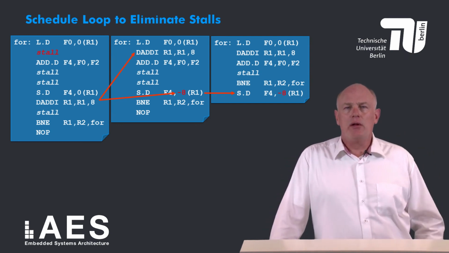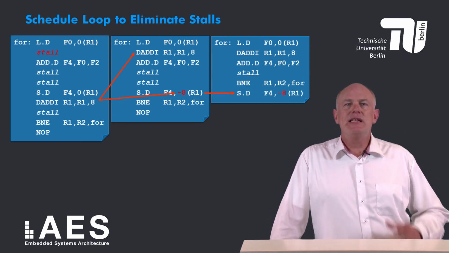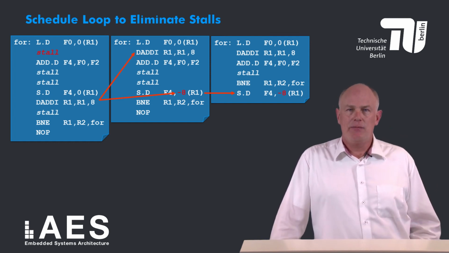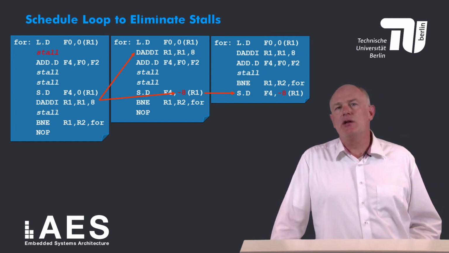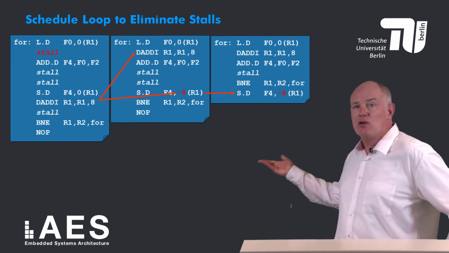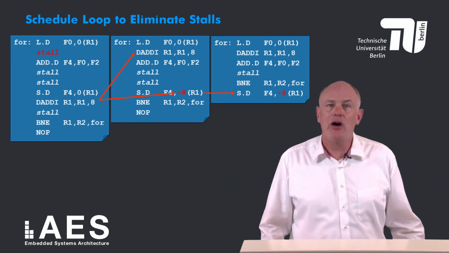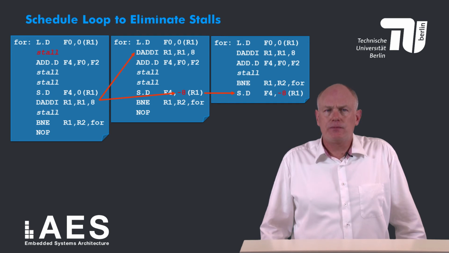The store double can be moved in the branch delay slot, since the branch does not depend on it. This also eliminates another stall cycle, because 2 cycles remain between the add double and the store.